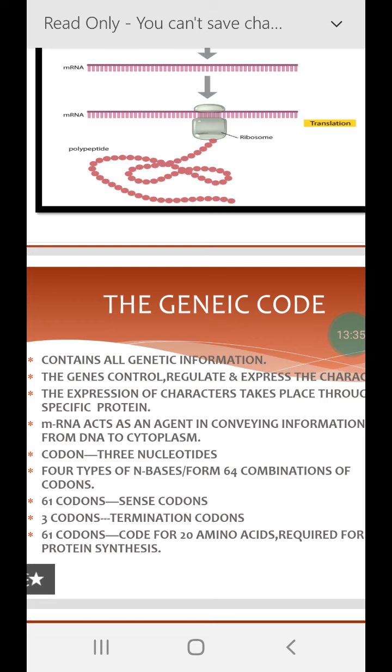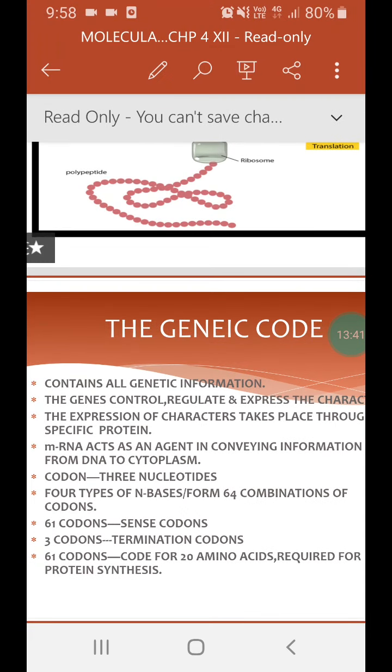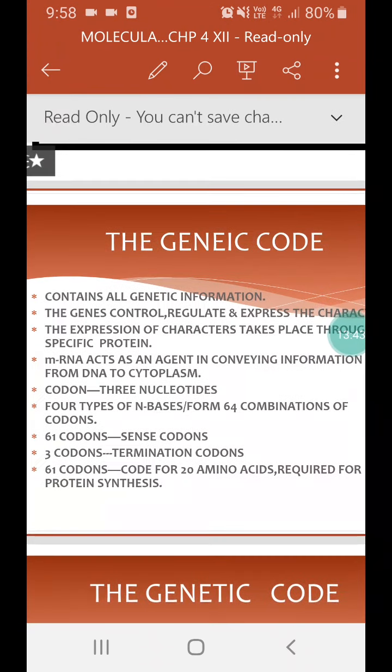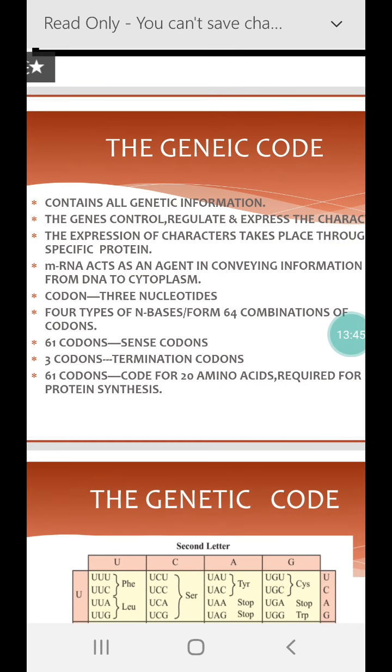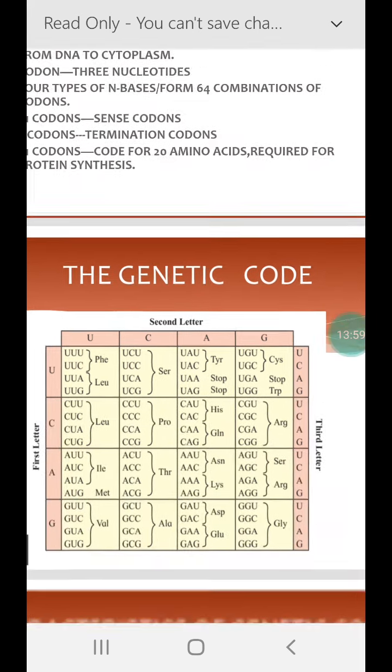Out of these, 61 codons are sense codons, meaning they code for certain amino acids, and 3 codons are termination codons. So 61 codons code for the 20 amino acids required for protein synthesis.